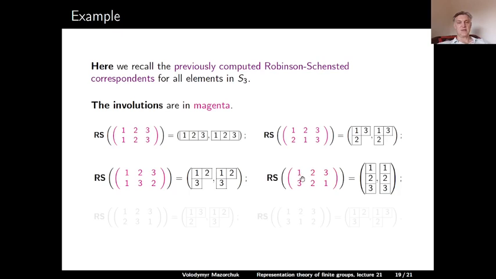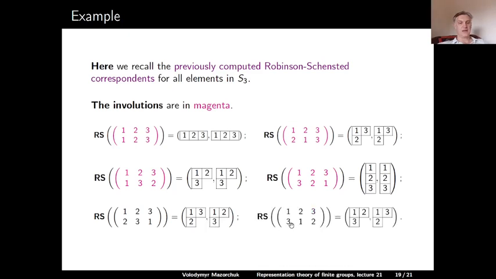So the next element is 3, 2, 1. This is again an involution, and the image consists of two tableaus of shape 1, 1, 1, and it's a unique tableau 1, 2, and 3. Then we have the element 2, 3, 1. This is not an involution, and the insertion tableau for it is 1, 3, and 2, and the recording tableau is 1, 2, and 3.